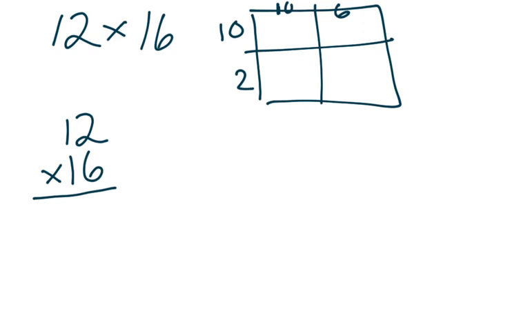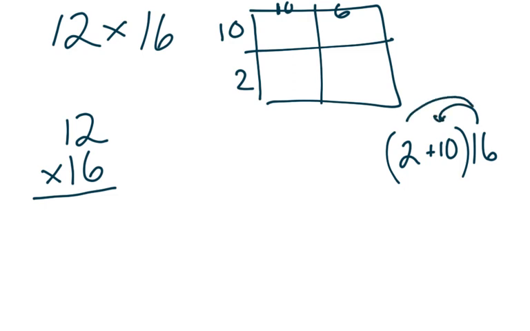Or we could decompose and say that 12 is the same as 2 plus 10, and I'm going to multiply both of those by 16. Distribute to both terms. I'm going to rewrite my problem as 2 times 16 plus 10 times 16. All three of these strategies should get me the same answer.